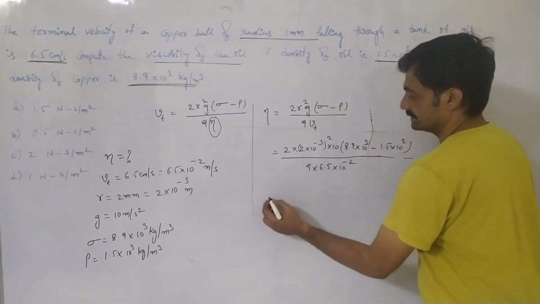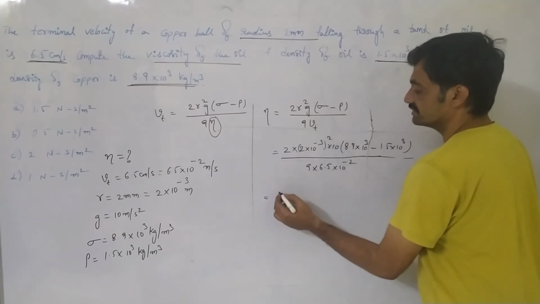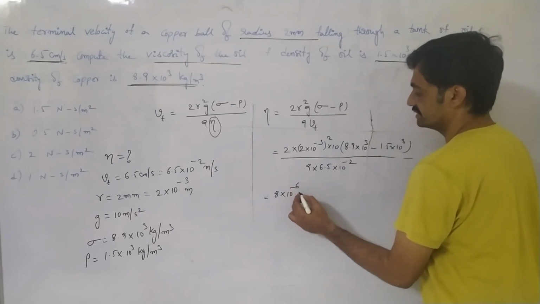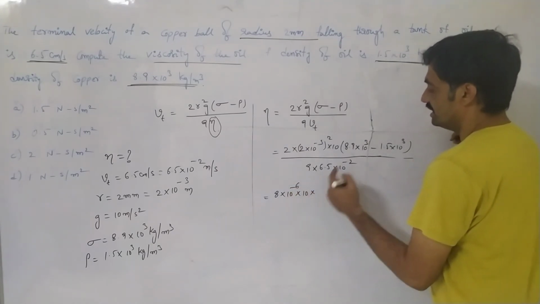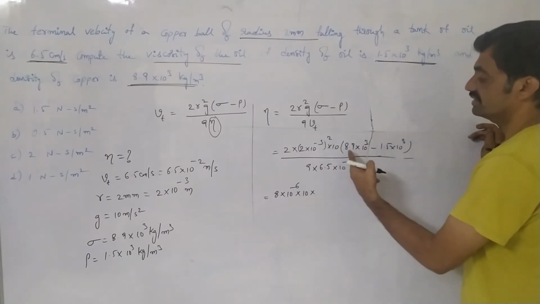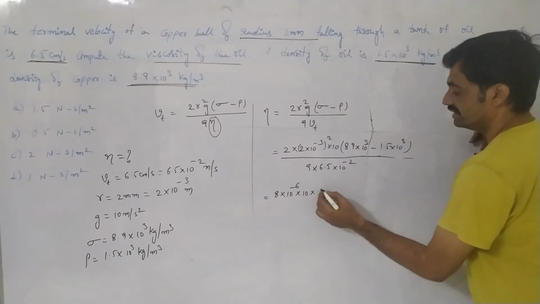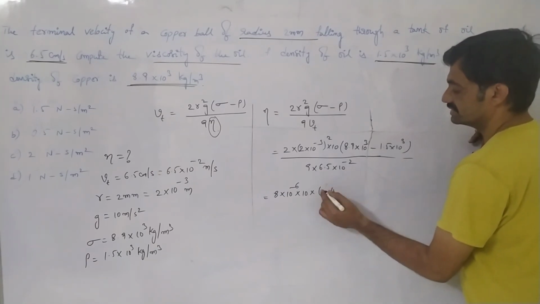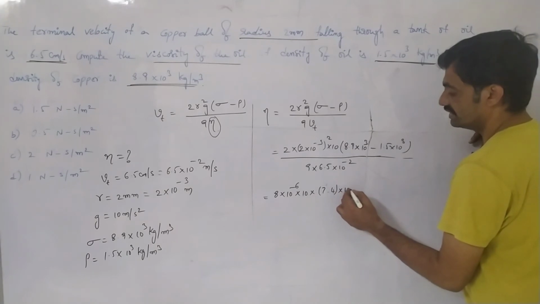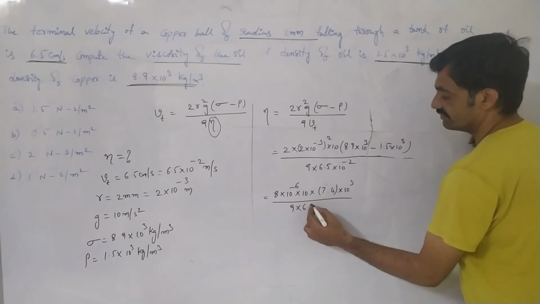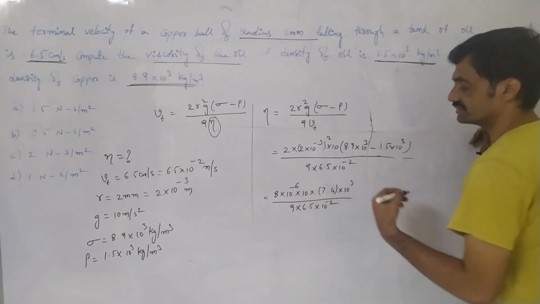So here 2 into 2² is 8, so 8 into 10^−6 into 10 into, after that we can take 10³ as common. When we take 10³ as common, 8.9 minus 1.5 is nothing but 7.4, into 10³ by 9 into 6.5 into 10^−2.